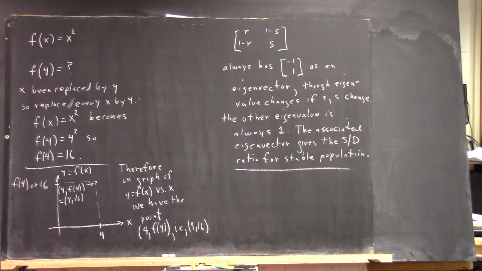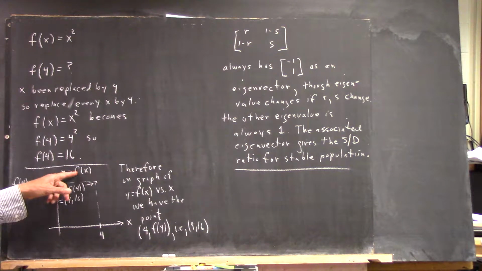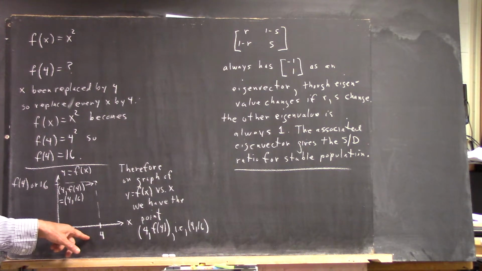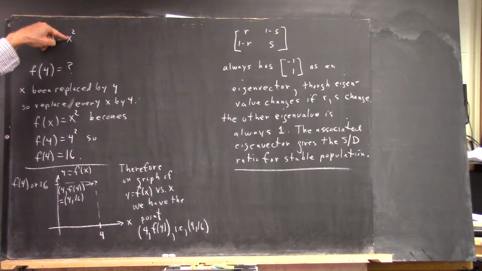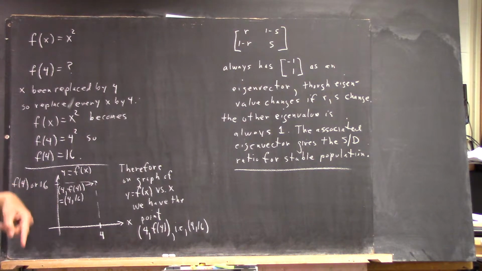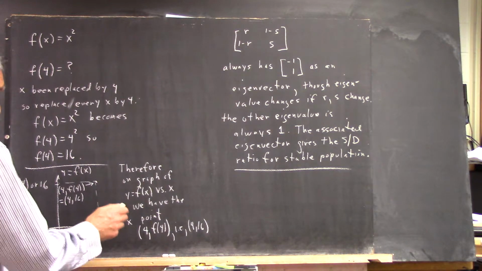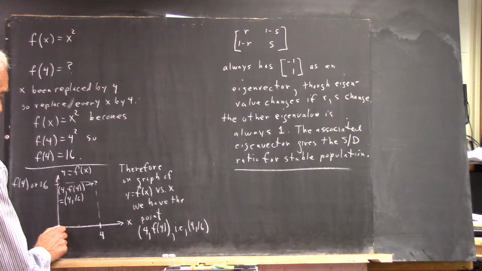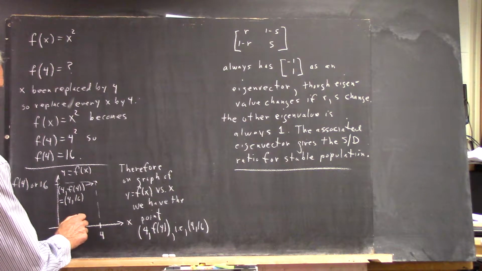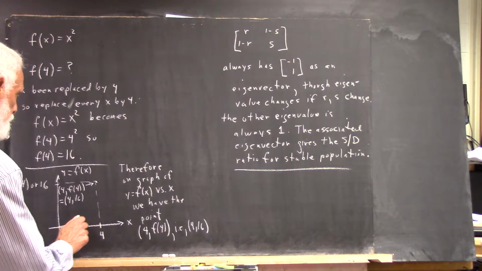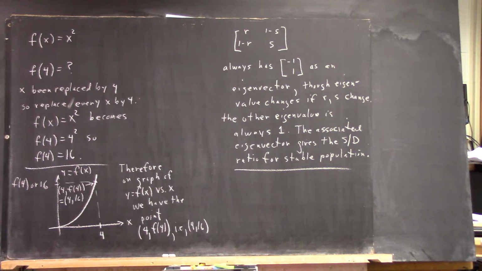It doesn't take a huge amount of imagination then to see that the graph of f of x versus x is the graph of x squared versus x, which is our old friend, the basic quadratic function. Now your standard graph only goes up to x equals 2, at which point you get 4, so we can easily extend that graph.